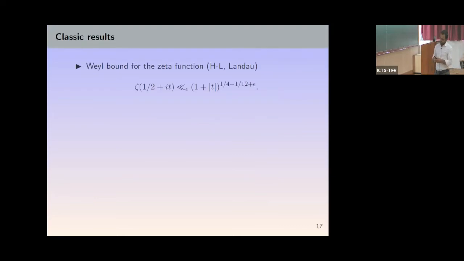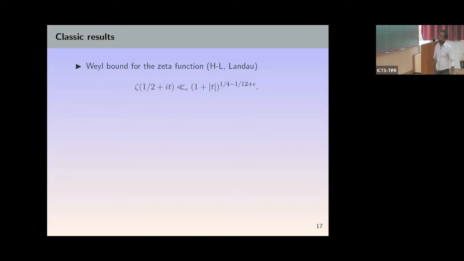So there are classic results. The first such result is this Weyl bound, which I have mentioned in the first slide, by Hardy-Littlewood and Landau. Here the bound is now 1/4 minus 1/12. So 1/4 is again convexity, as you have seen, and you are reducing it by the exponent 1/12.